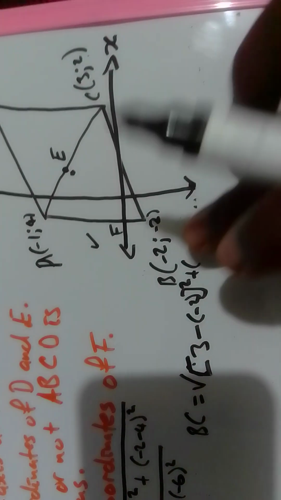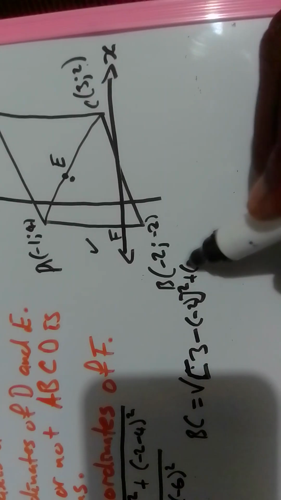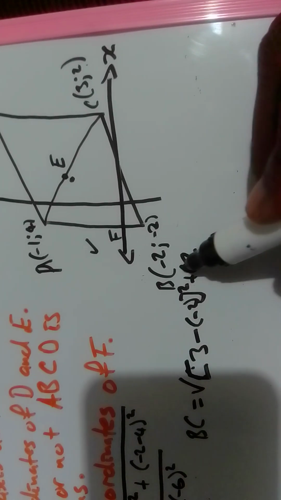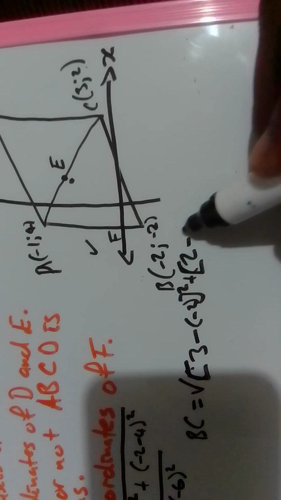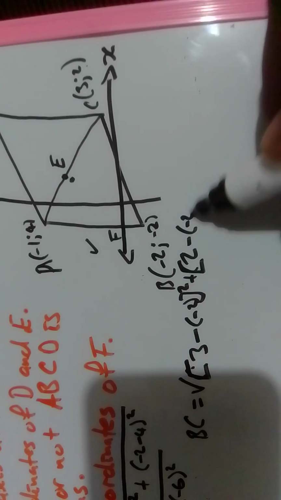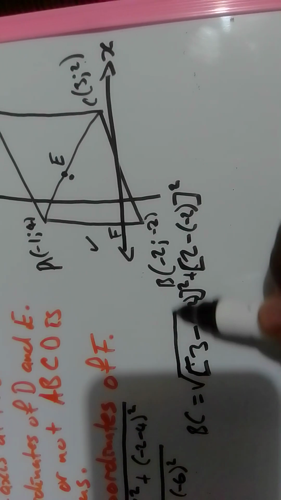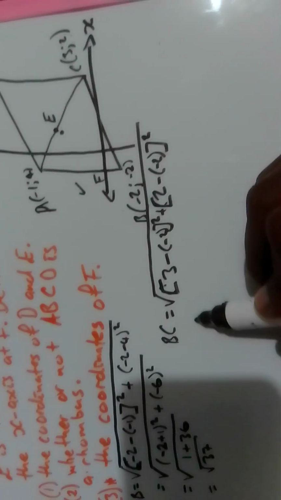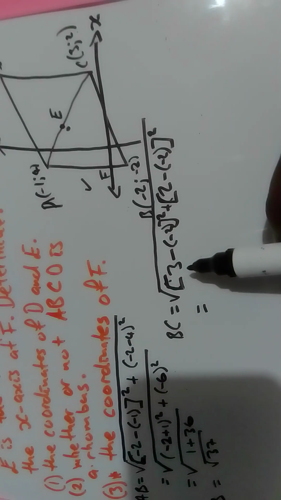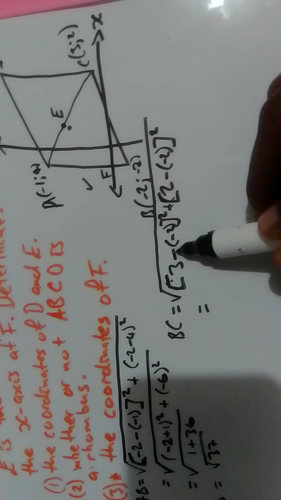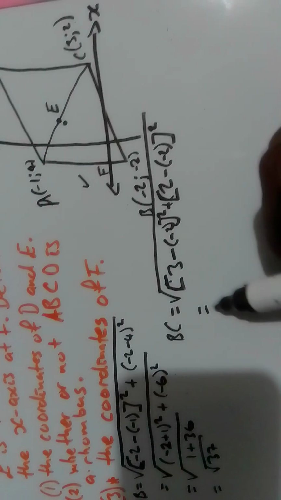So I open the bracket, I say 2 square bracket minus open bracket minus 2 close and then squared. Then from there, now this negative and negative gives us a positive.